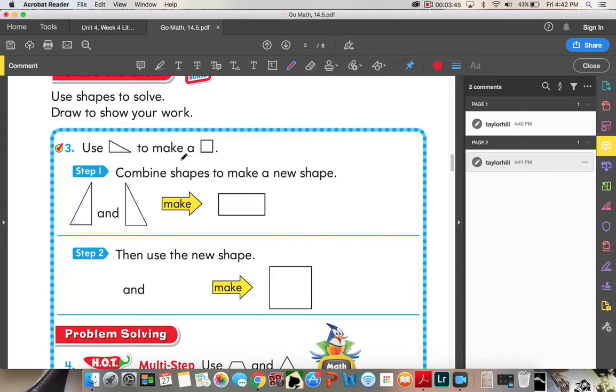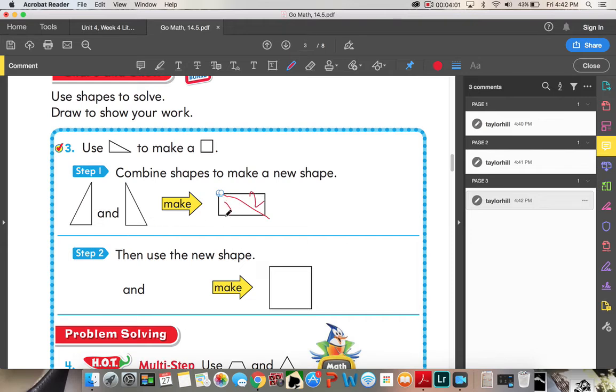Okay, so two triangles put together, these two types of triangles put together make a rectangle. You can tell by drawing a line diagonally down through the rectangle and you'll see triangle 1 and triangle 2.